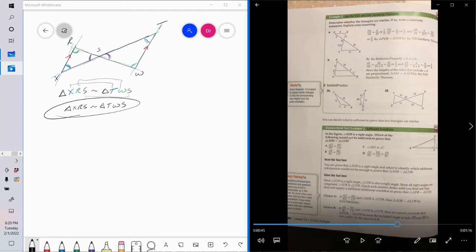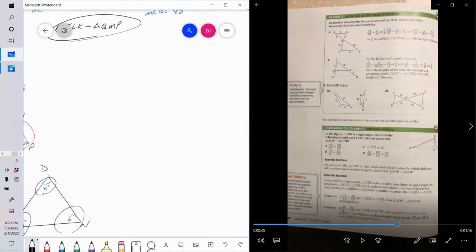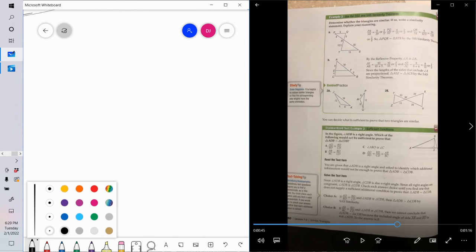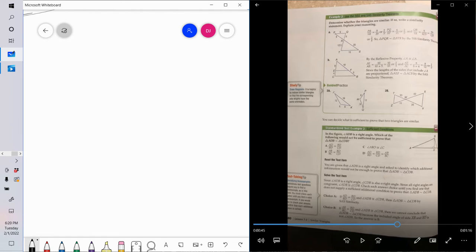Let's look at example 2A. Okay, so I have this diagram here.